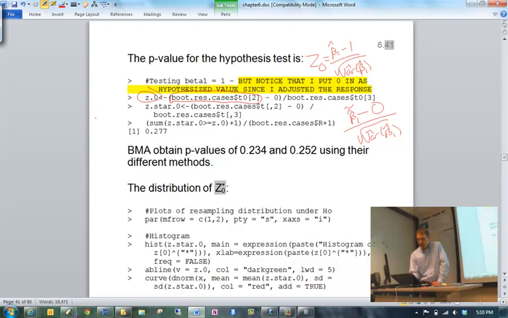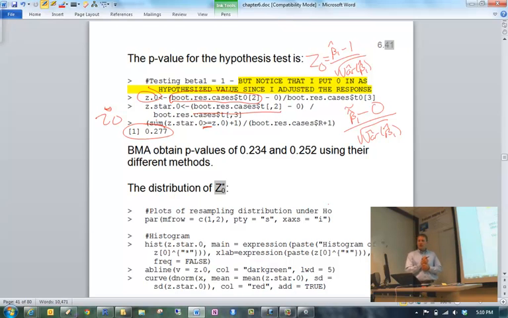And then my Z star 0, as you would expect, is beta hat star tilde minus 0 divided by the corresponding standard error. I find my p-value. Remember, it's a one-sided test, so it's a right-sided test. So that's why I have a greater than or equal to there, and I get a p-value of 0.277.